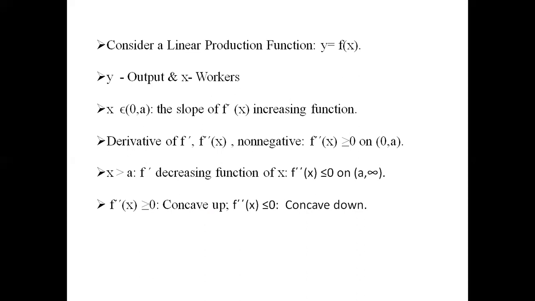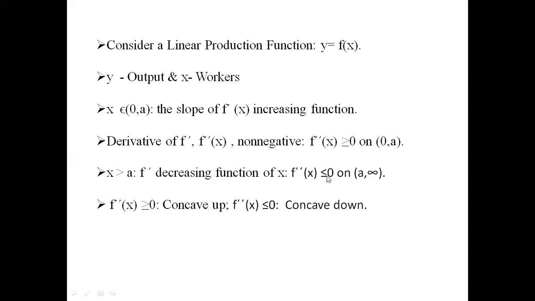That is the derivative of f prime x, that is f double prime x, is non-negative. You see that f double prime x is non-negative on 0 to a, and for x greater than a, that is labor amount greater than a, then f prime is decreasing.